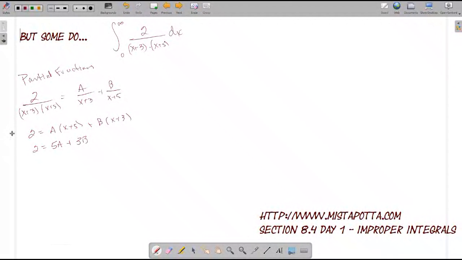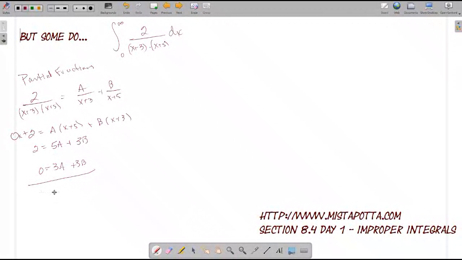And I have no x's over here. So this Ax and Bx has to add up to 0. So if A plus B equals 0, then certainly 3A and 3B add up to 0.